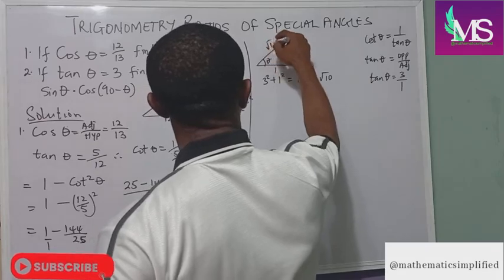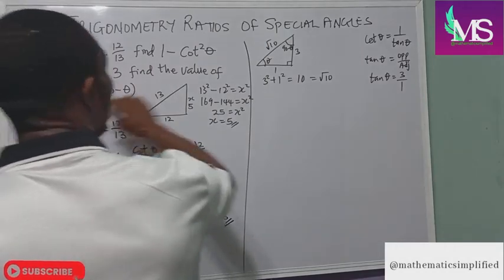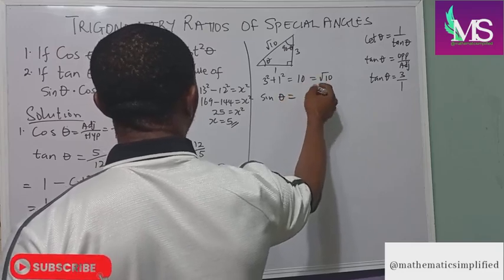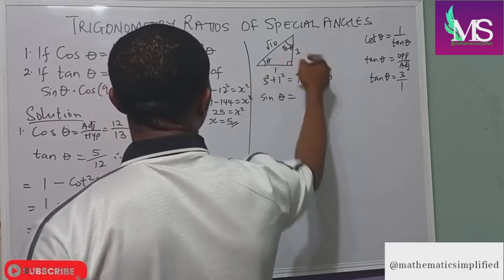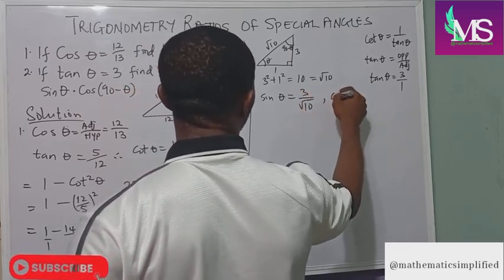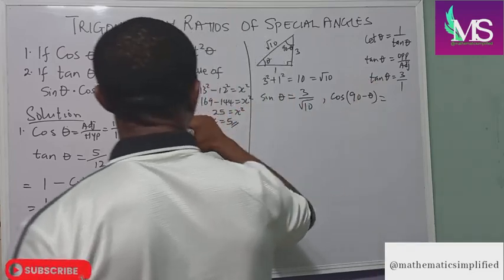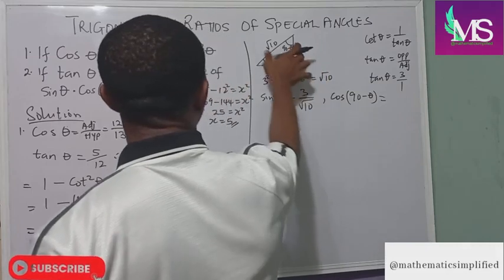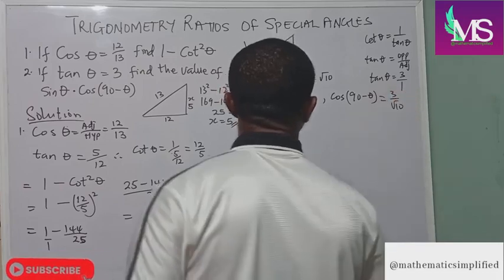Now, in doing this, sin theta equals opposite over hypotenuse. Our sin theta will become 3 over root 10, which is the hypotenuse, and cos 90 minus theta will give us, cos is adjacent over hypotenuse, 3 over root 10.